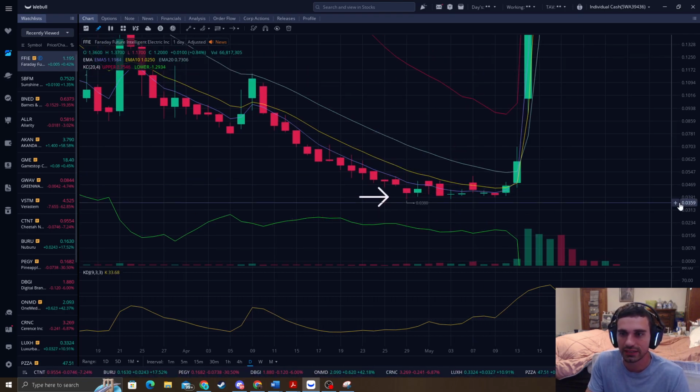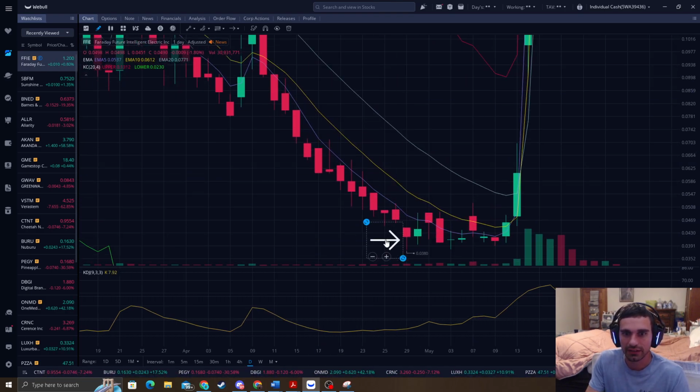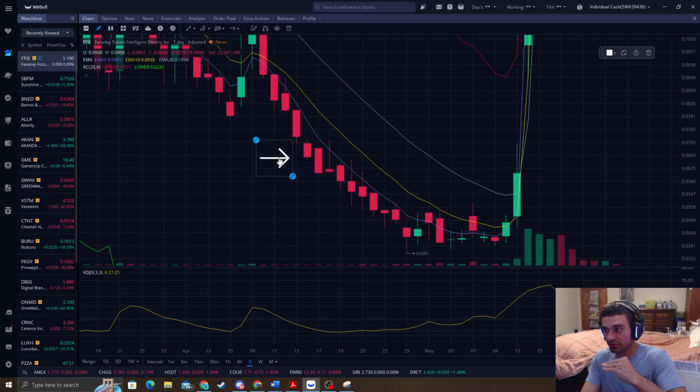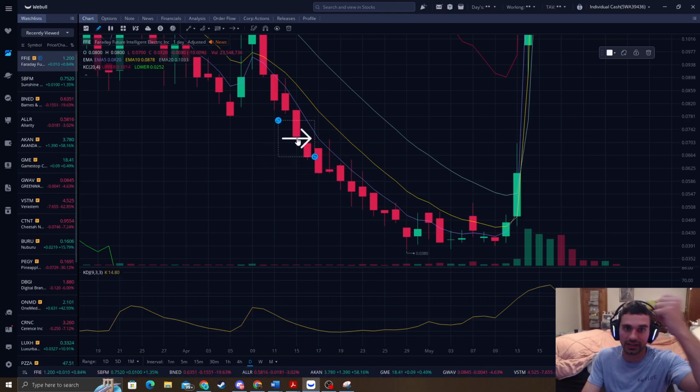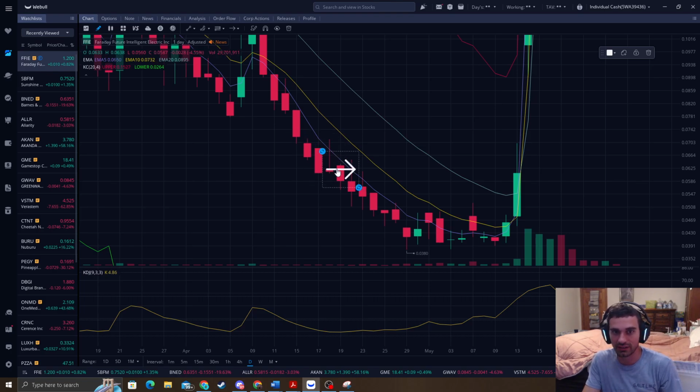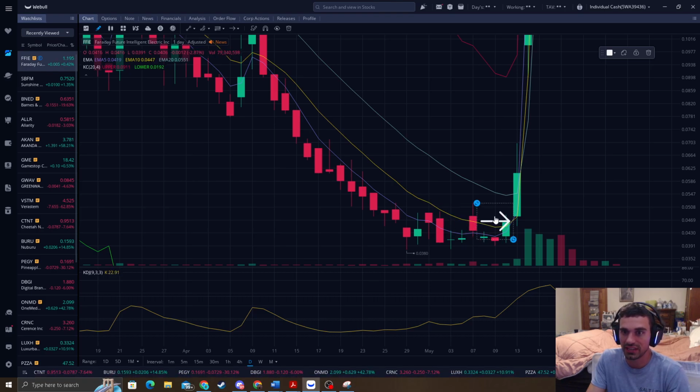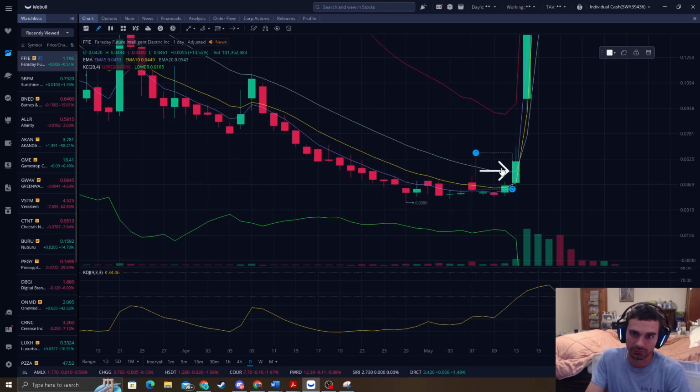But you want to try to make sure you're getting it down here, and you want to make sure you have time distance on the EMA 10 and 20. Because like I said, price is going to bounce on the EMA 5 in the shorter uptrend, and then on the downtrend, look what it does. It rejects the EMA 5. And guess what? When it starts going above the EMA 10 and 20, you got an early uptrend for a big, massive move up. And that's the best way to trade it.